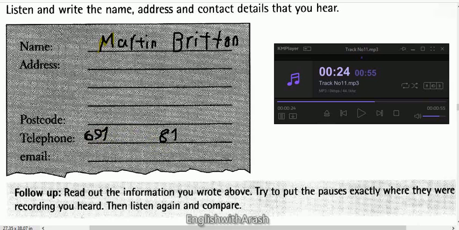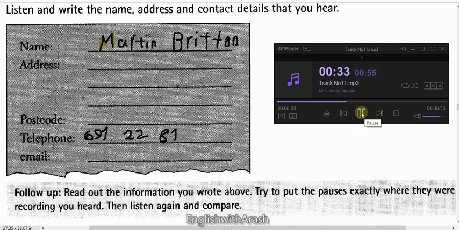Okay. What about the postcode? Did you hear the postcode? Listen again for the postcode. Middleton, postcode DG16H39. My postcode DG16H39.